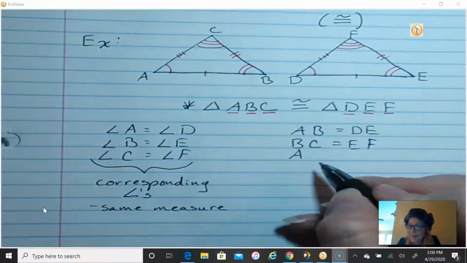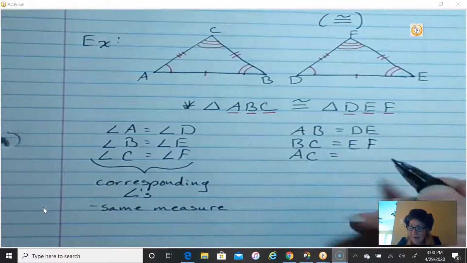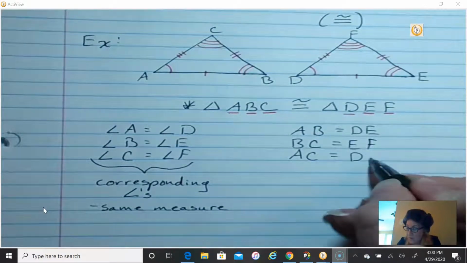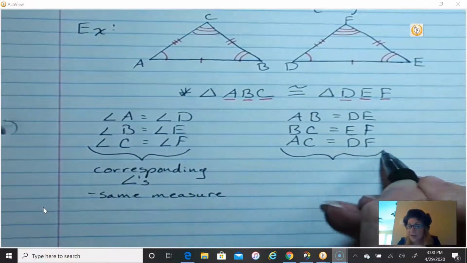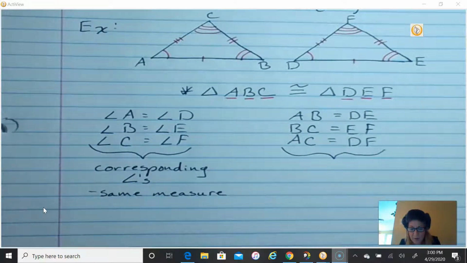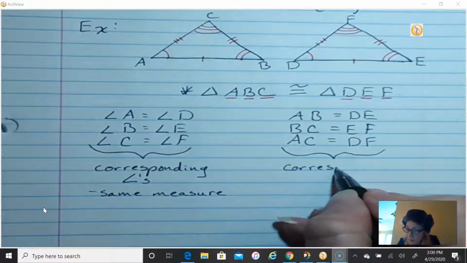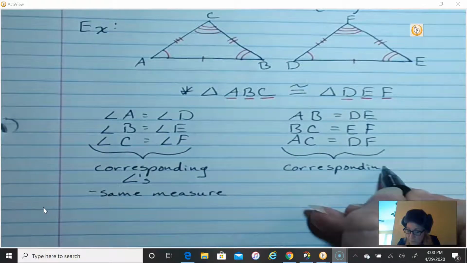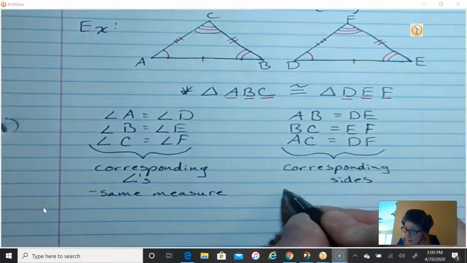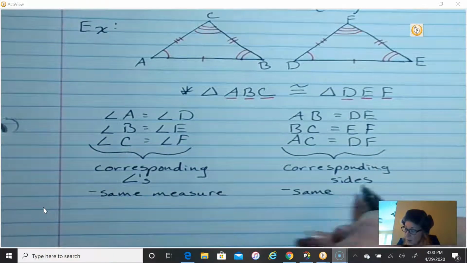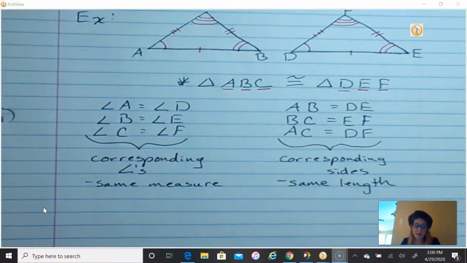Get it? Okay. I know y'all missed that. All right, side AC is equal to side DF. You can pause this and look and understand what I'm doing here. This means that corresponding sides have the same length. That's congruent triangles.